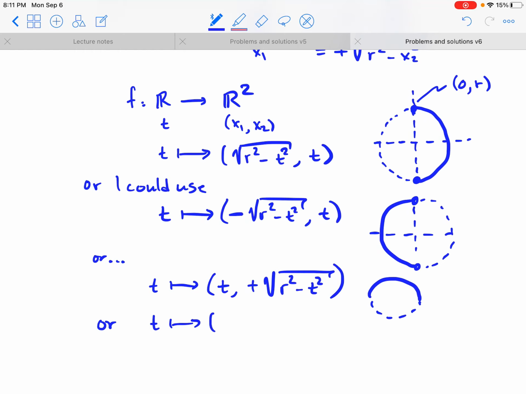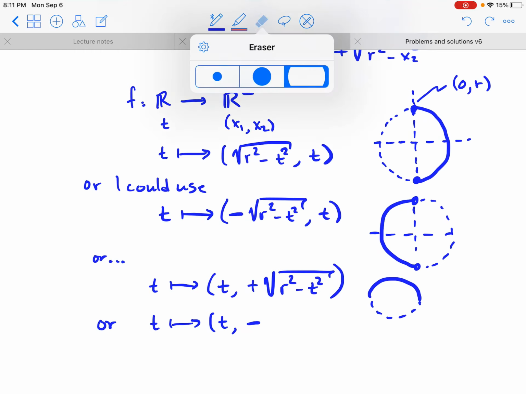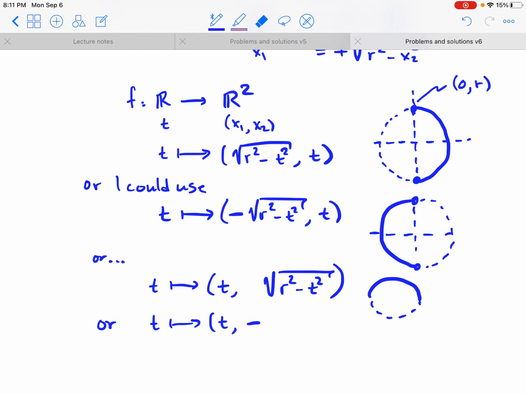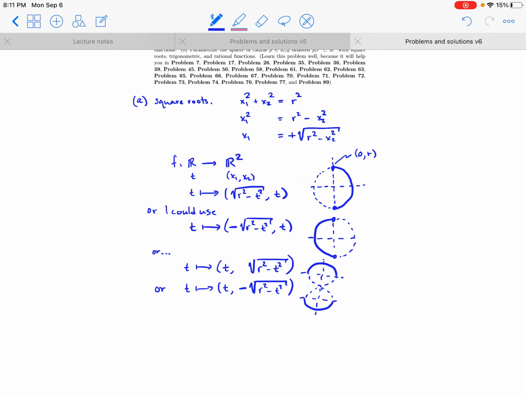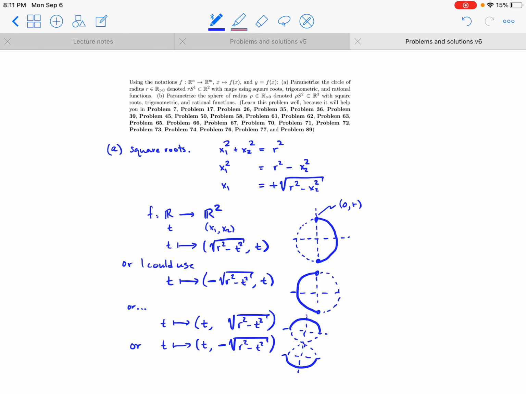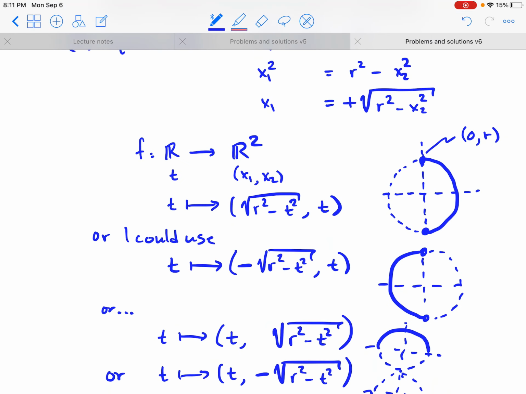Or I could have chosen the minus square root. That looks like a t, but it's actually just a plus sign. This is the problem with t's: t's and plus signs look the same, which is why I always try to make my t's with a little curl at the bottom. Now I have the minus square root, and that gives the bottom half of the circle. Obviously, these are all just different drawings of the same circle. Okay, so that's how we do it with square roots.